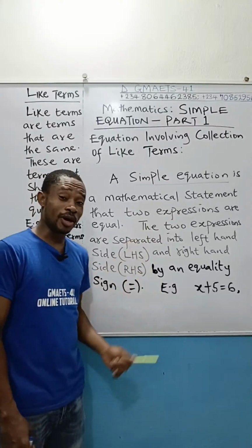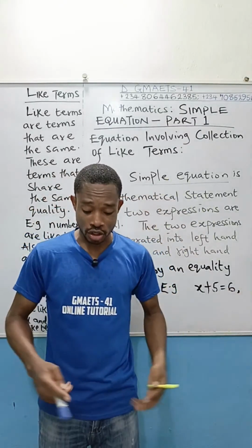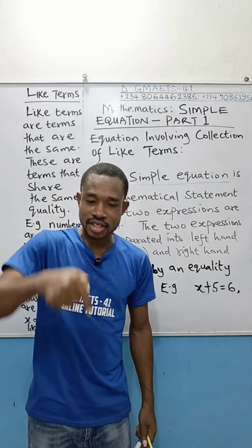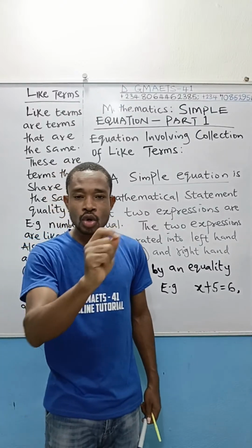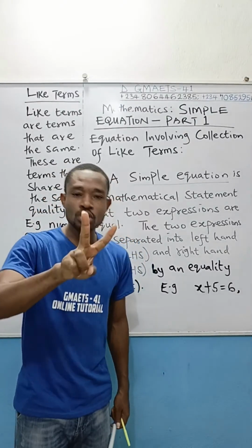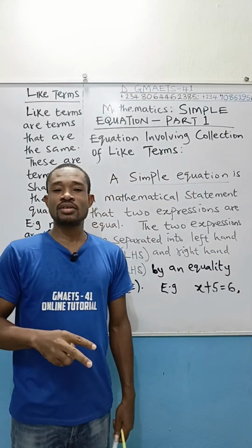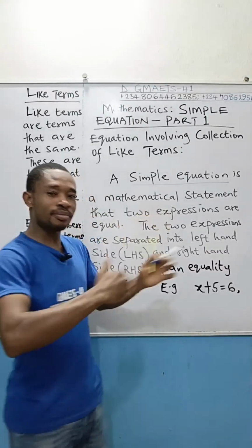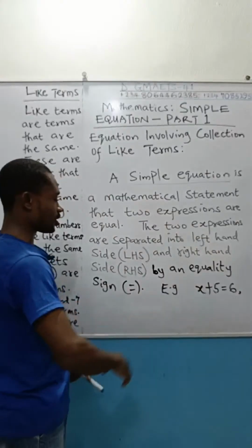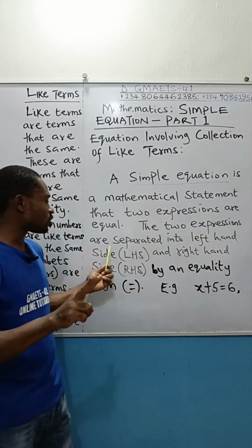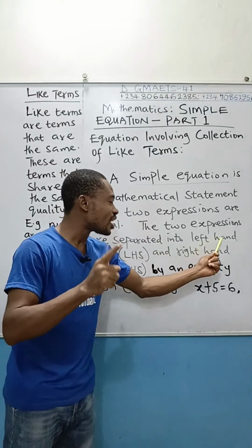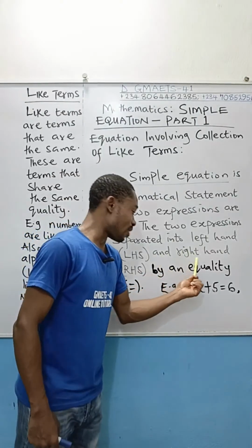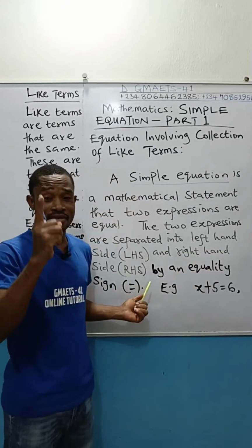So you see this on the board. For you to know that something is an equation, you must have equal to somewhere in that equation. That equal to will separate the two mathematical statements, or the two expressions, into left-hand side, which we write as LHS, and right-hand side, which we write as RHS.